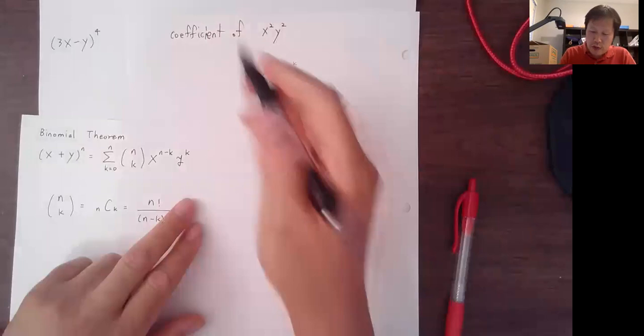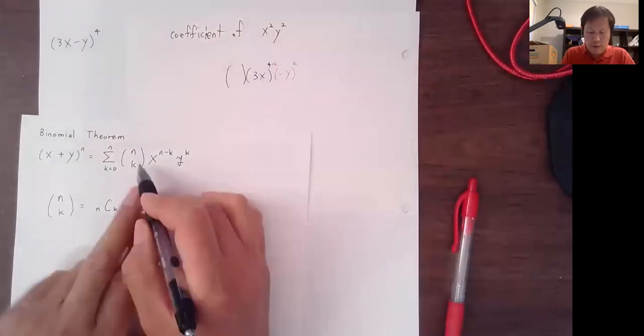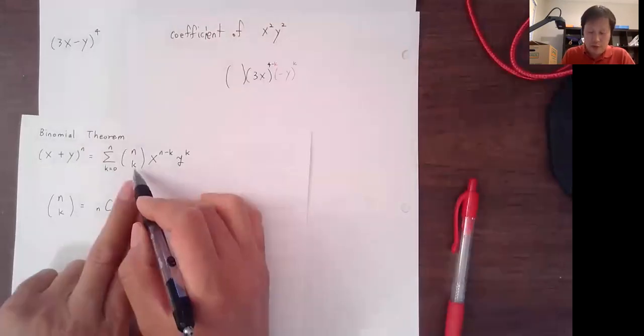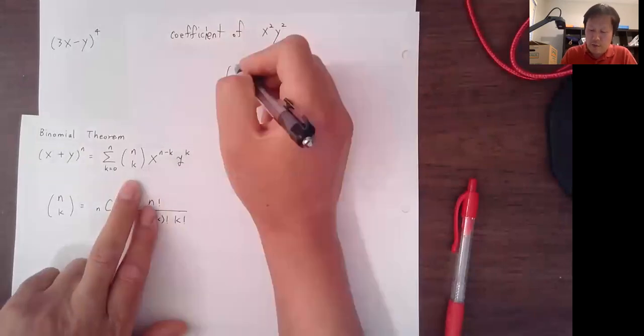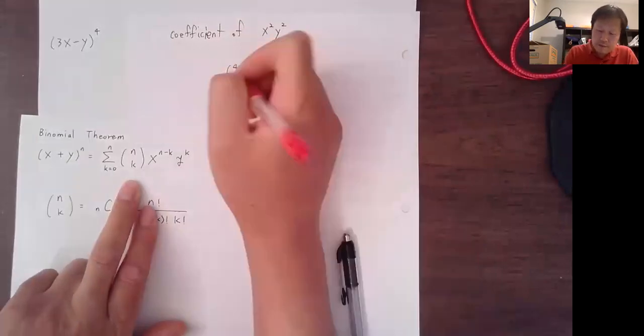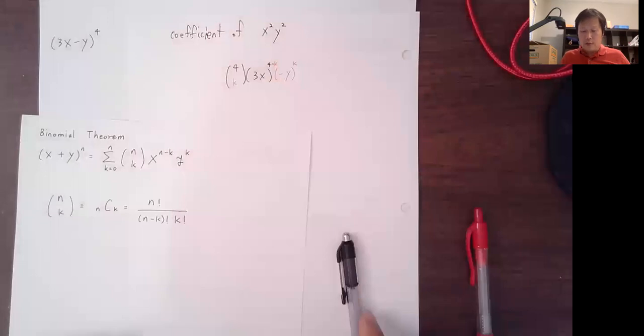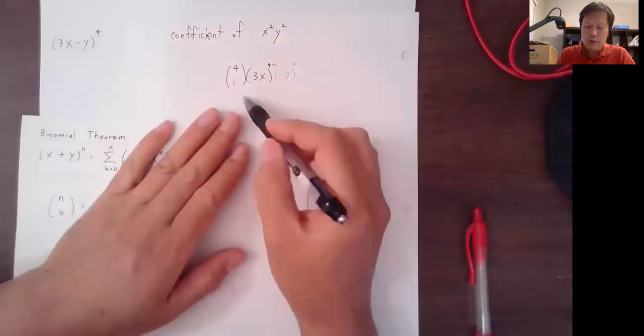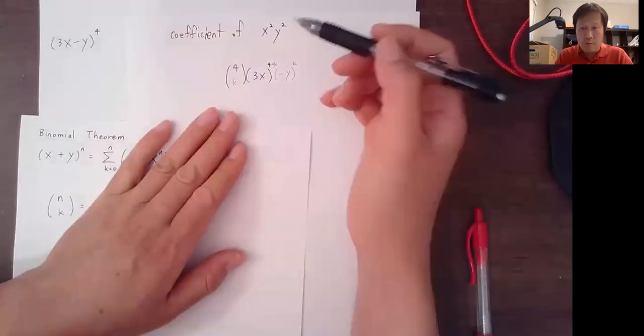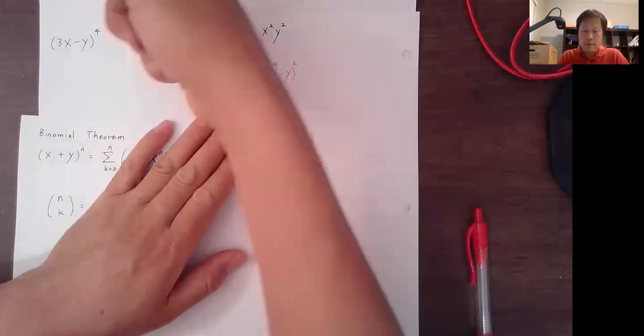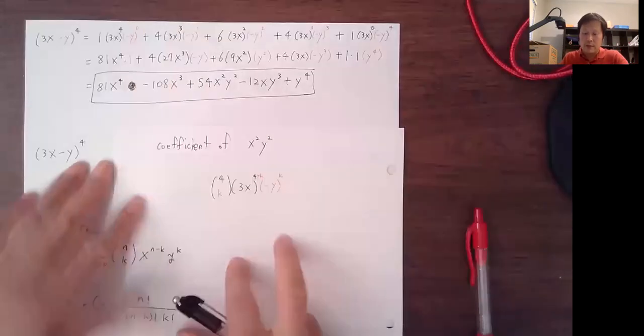And of course, you have in front of it n combination k, 4 combination k. So that will be the term for each of them when you expand it.